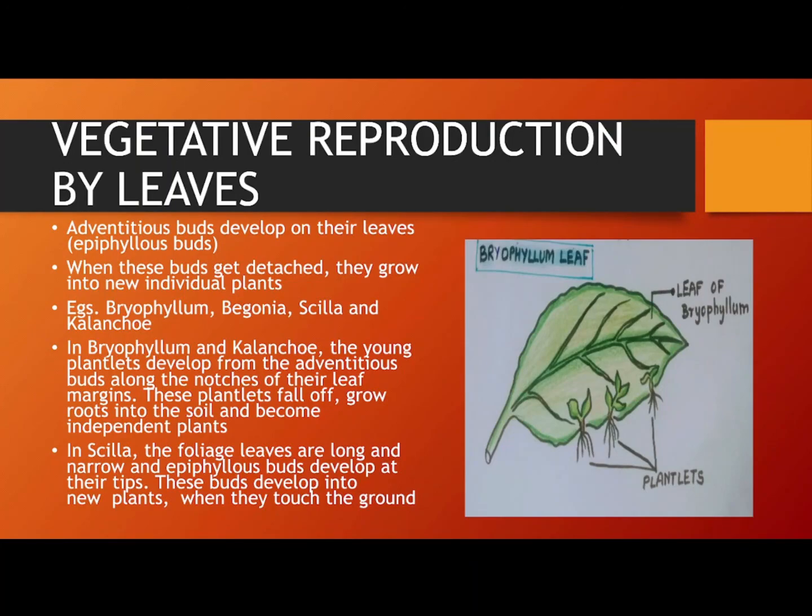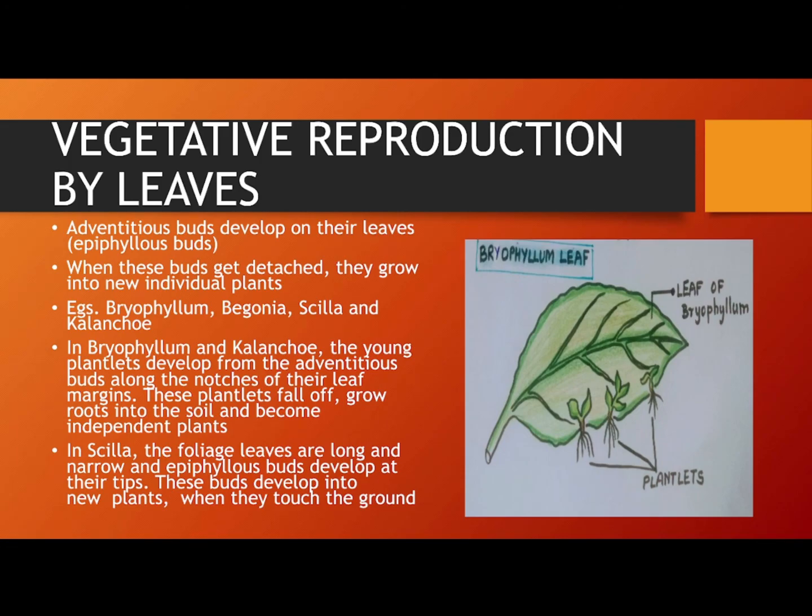When these buds develop into small plantlets, making use of the food material available in the parent plant, later they get detached and start leading an independent life. Bryophyllum, Begonia, Scilla, Kalanchoe are all very good examples for vegetative reproduction by leaves.